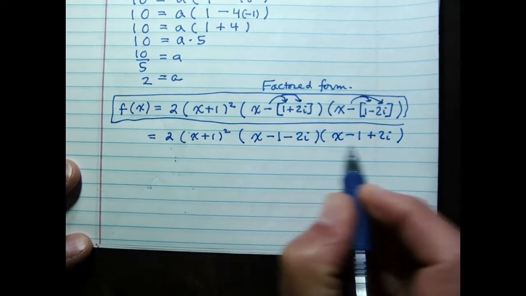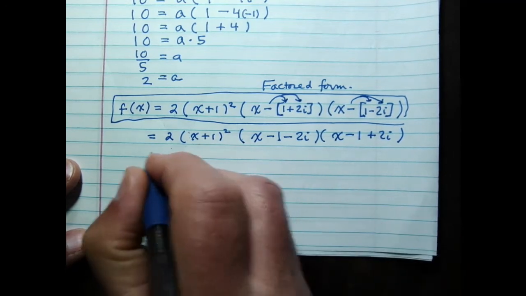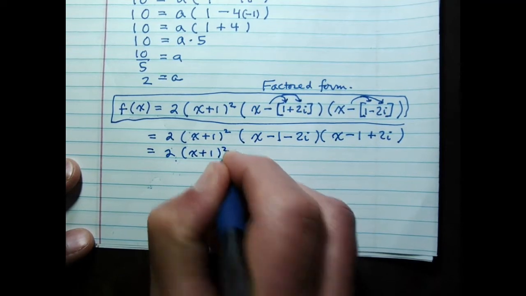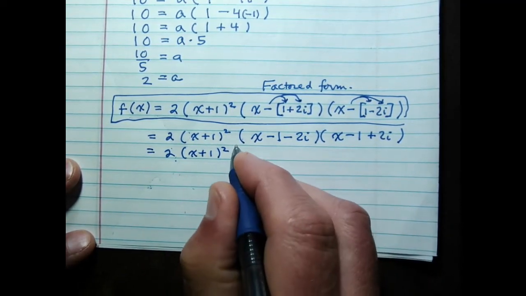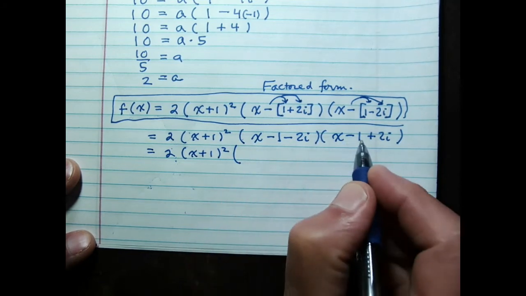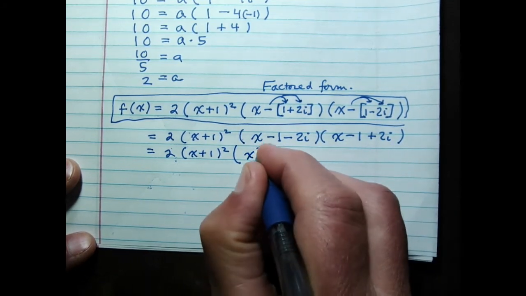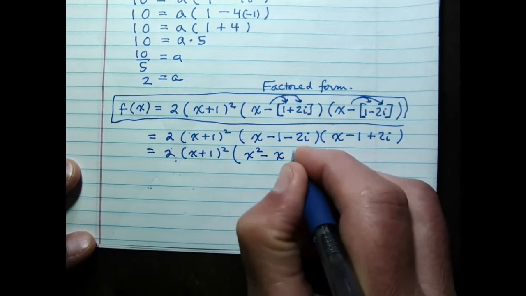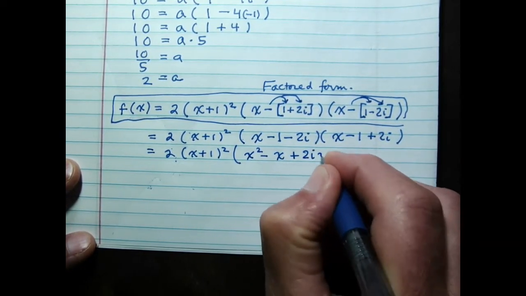So each parenthesis ends up with 3 terms in it. To multiply these, I'm going to take x here times each term of the second. So I get x squared minus x plus 2ix.